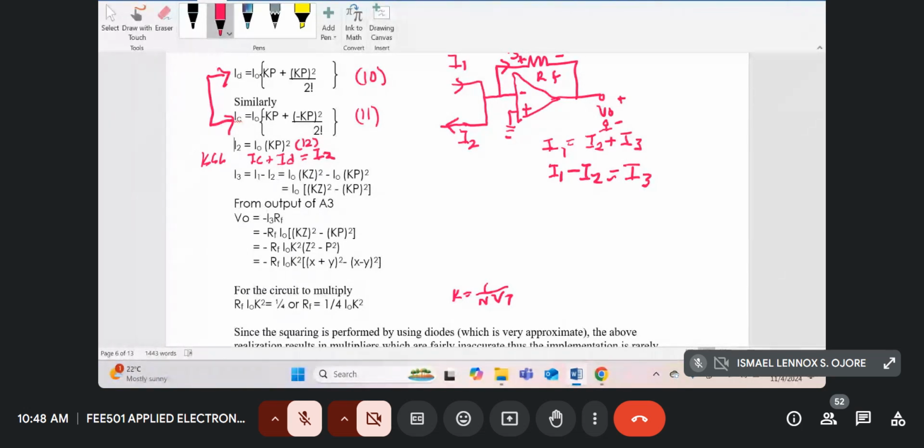And if you add those two equations, this Kp will cancel this Kp. And these two terms, the Kp squared and the minus Kp squared, become all positive because the square of a negative number is positive. So you'll get I2 as equal to 12.